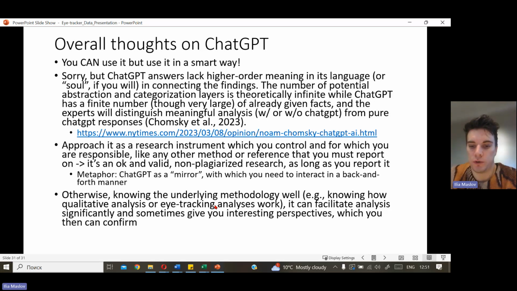But also use your own judgment, because it's possible to see ChatGPT's responses and whether they are correct or not. Experts, if they're really experts, can sense that it's lacking soul, if you want.